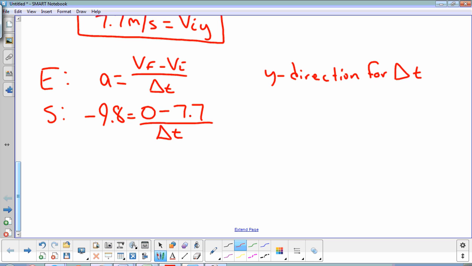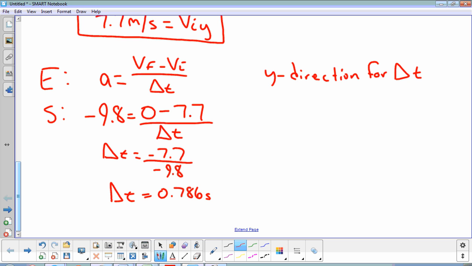So we go through the steps to solve this. I multiply by delta T on both sides, and then I divide by negative 9.8, and I get delta T is equal to negative 7.7 divided by negative 9.8. I put that into my calculator, and I should get delta T is equal to 0.786 seconds.